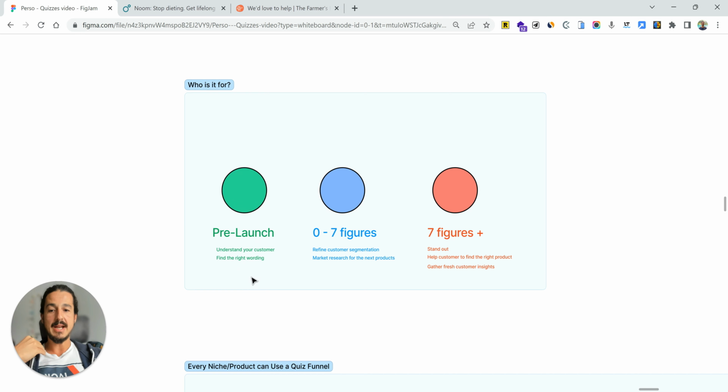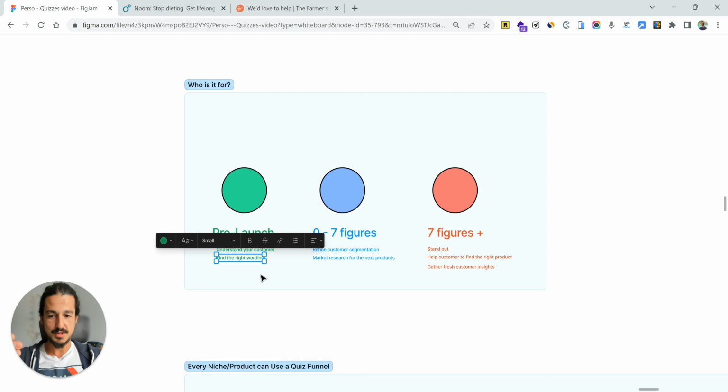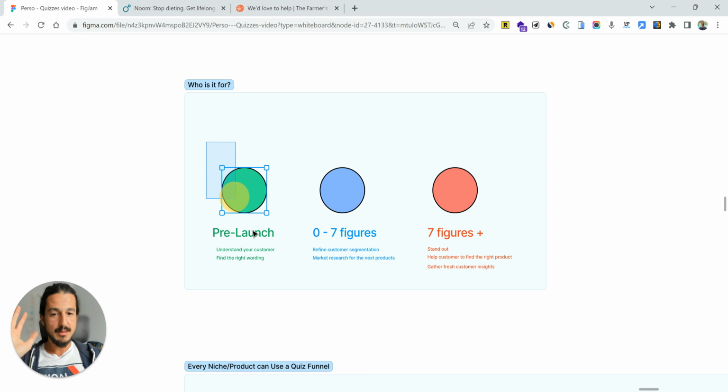By generating leads through a quiz, you will be able to ask questions, and then you will understand your customer, and with the wording of your customer, you will create the marketing that will make you sell when you are launched. So a quiz is definitely useful if you start a product.